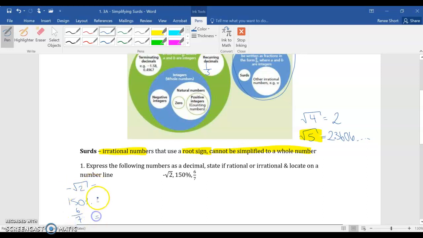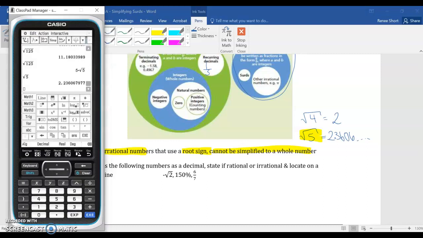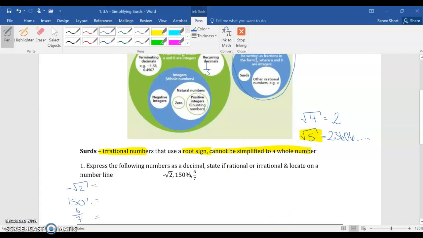First of all, it just wants us to write all of these as decimals so we can compare them. Negative root 2 gives us negative 1.4142 blah blah blah. So we'll just write down negative 1.4142.